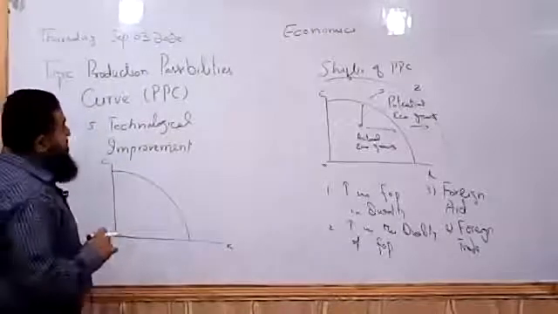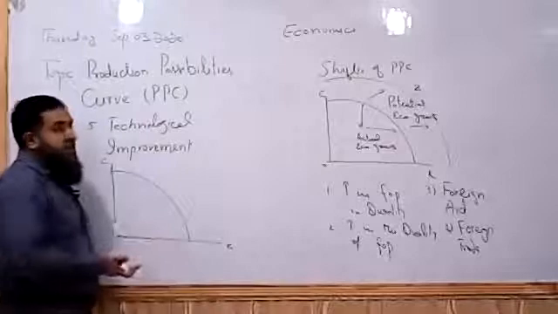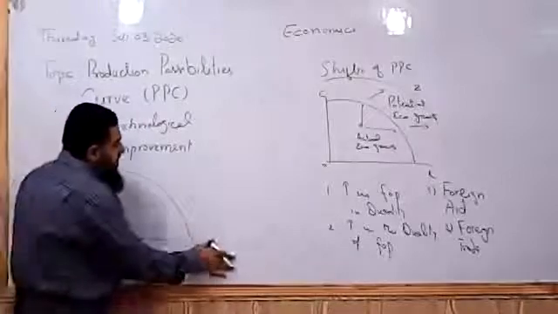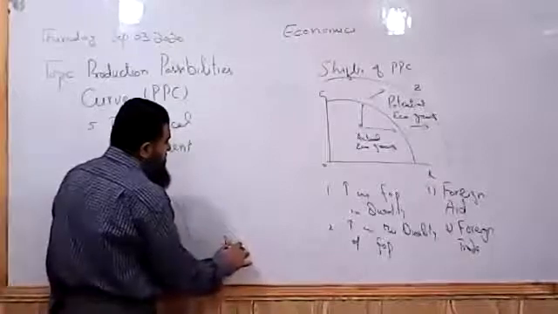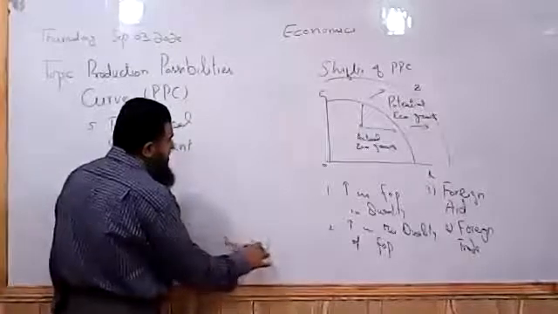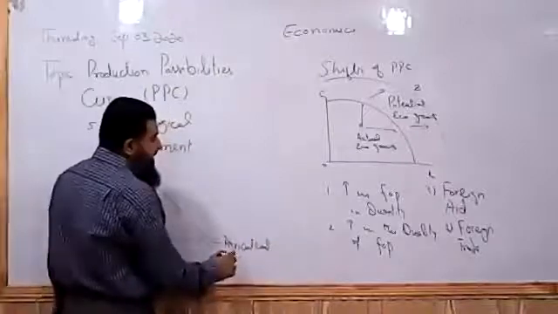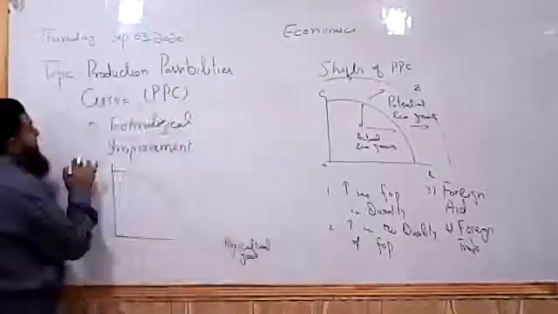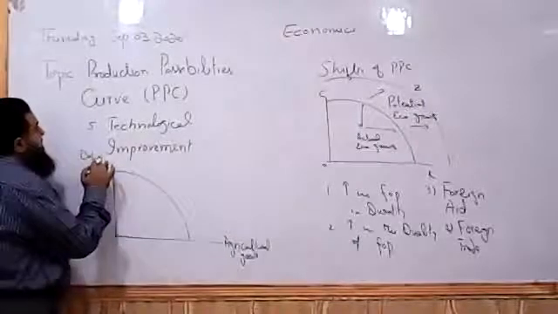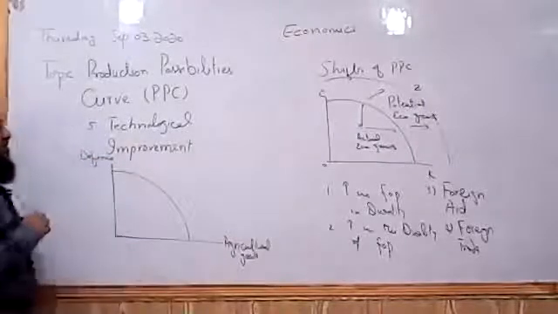Now the technology to produce more capital goods. Okay, we can say here I am taking agricultural goods. If I take, because technology, capital is already a technology, agricultural goods. And here if I take defense of the country, defense items, defense goods.